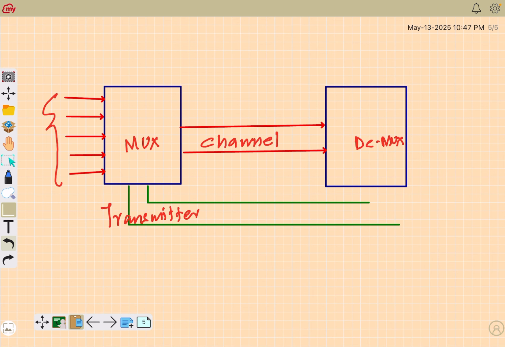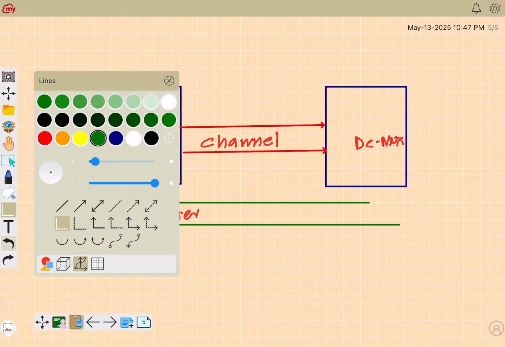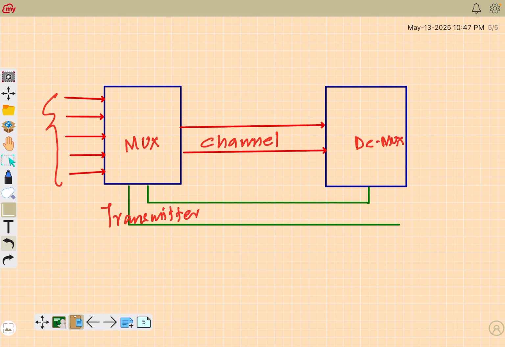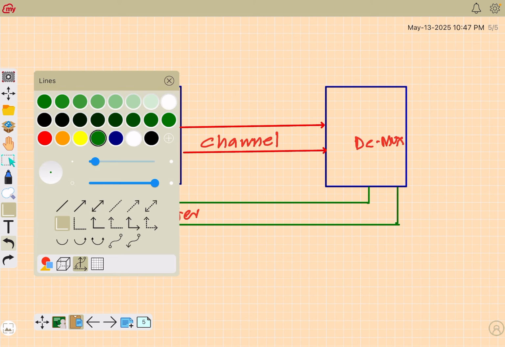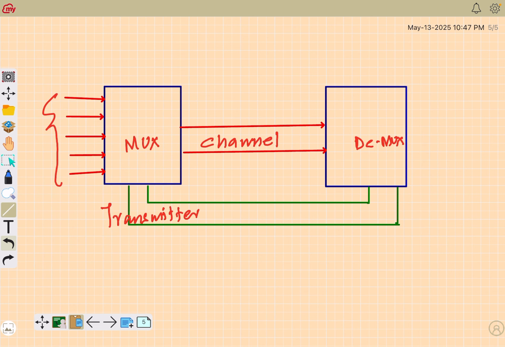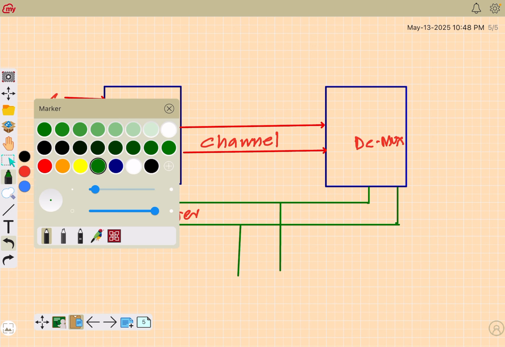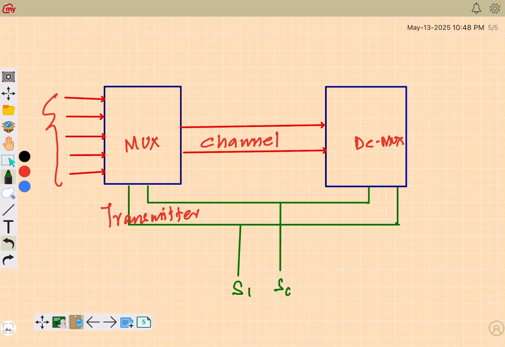These will be selection lines and they will be common for the multiplexer side and for the demultiplexer side, something like this. So if I complete it, say this is one of the selection lines, this is another. Let's call them S1, S0.